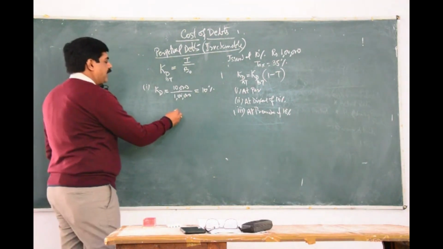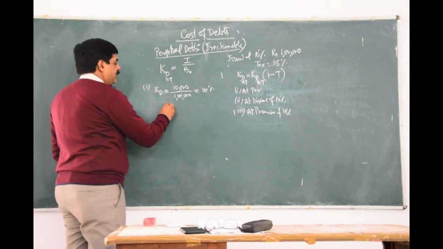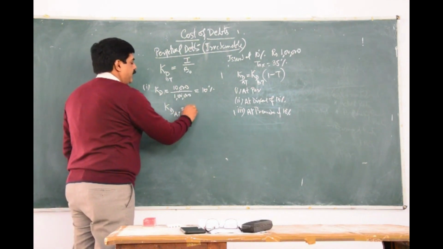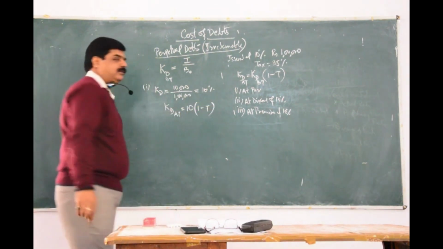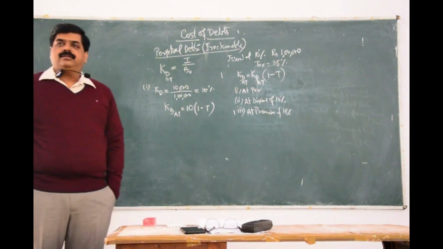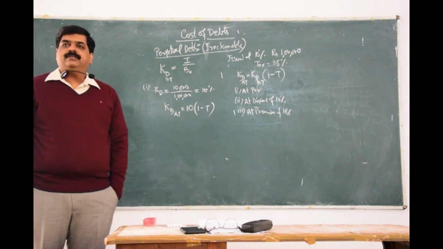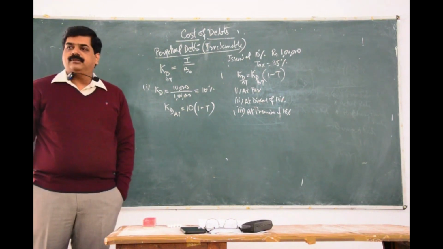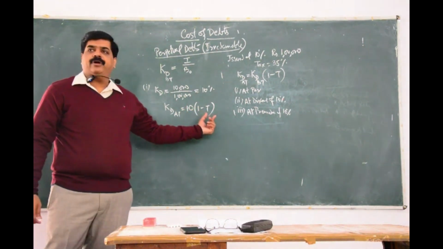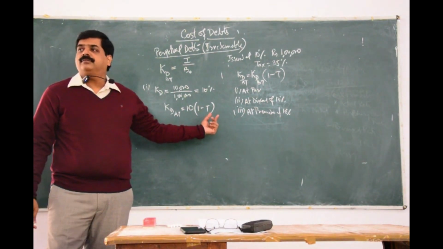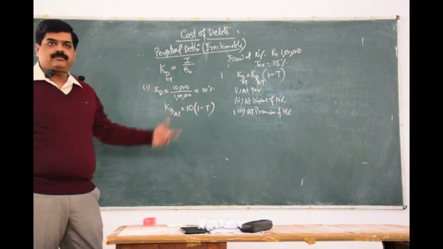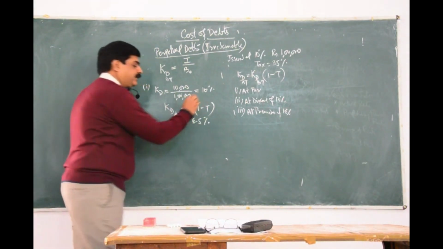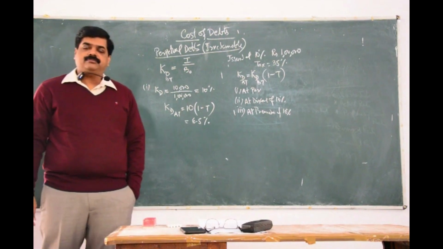Now when we calculate after tax, KD after tax is 10 into (1 minus T), and T is given as 35%. That means 65% of 10. Calculate it: 10 multiplied by 0.65 is 6.5. It will come to 6.5%. This will be your after-tax cost.